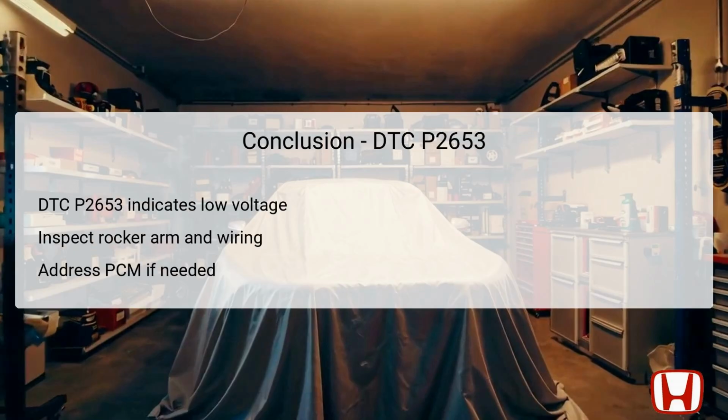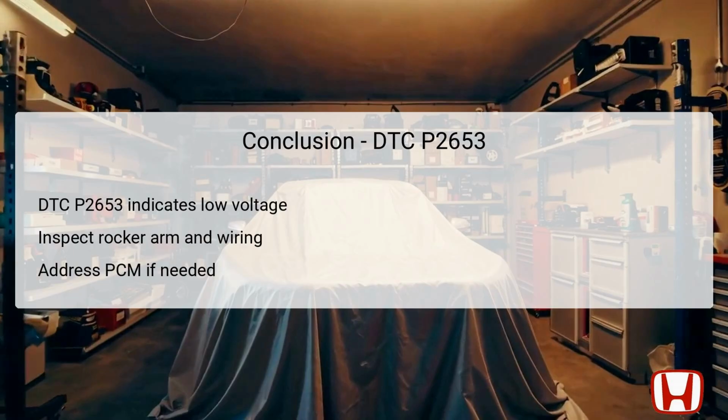unexpected repairs. In conclusion, the DTC P2653 serves as an important diagnostic indicator for low-voltage problems in the rocker arm oil control solenoid circuit. Systematically diagnosing the issue requires inspection of the rocker arm oil control valve, wiring, and potentially the powertrain control module, PCM.